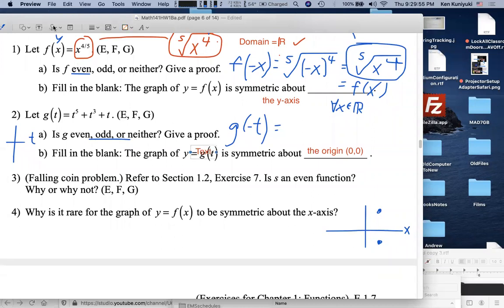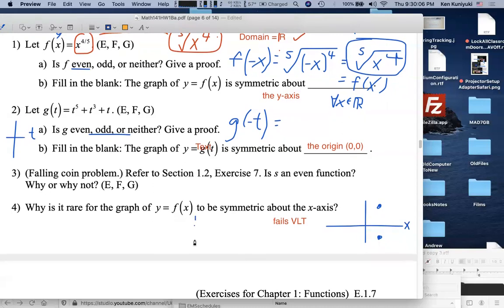Vertical line test. Correct. This graph fails the VLT, which means that there's no way you have y as a function of x. In fact, the only function I know of this form that will have symmetry is basically the zero function, which is the x-axis.